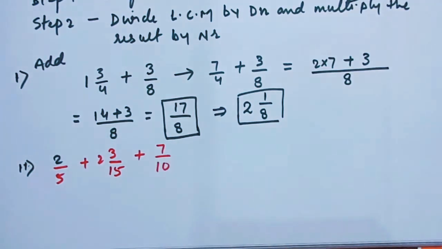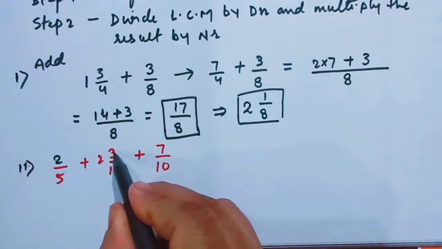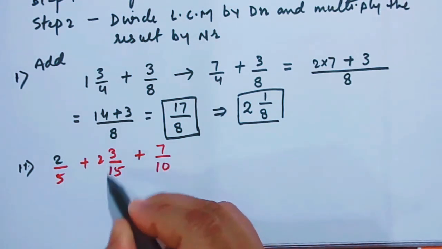What I find is that here I can reduce this 3 and 15 also. 3 by 15 can be reduced.